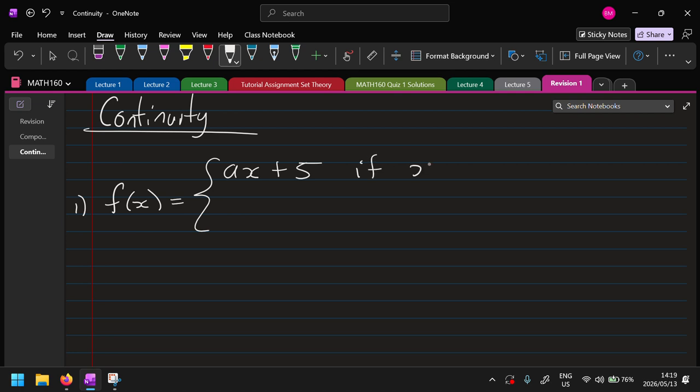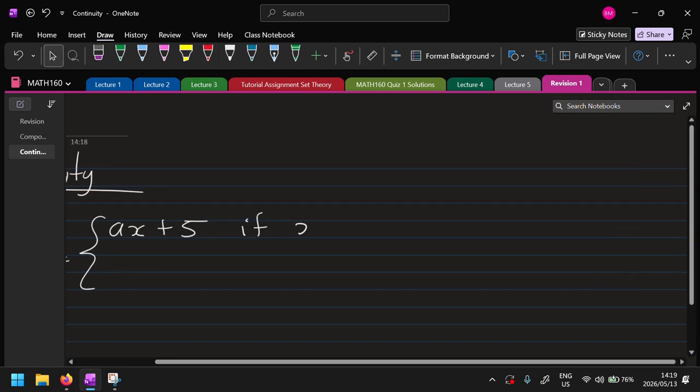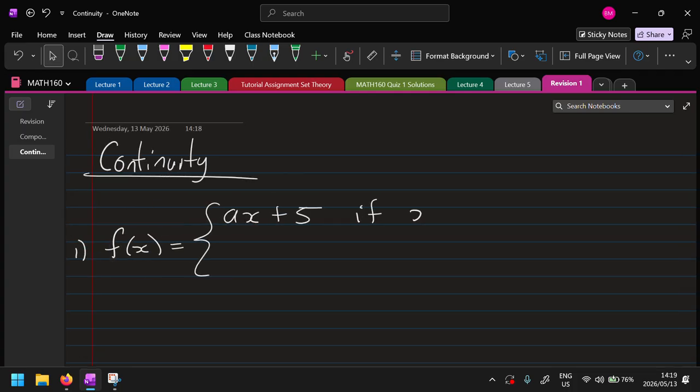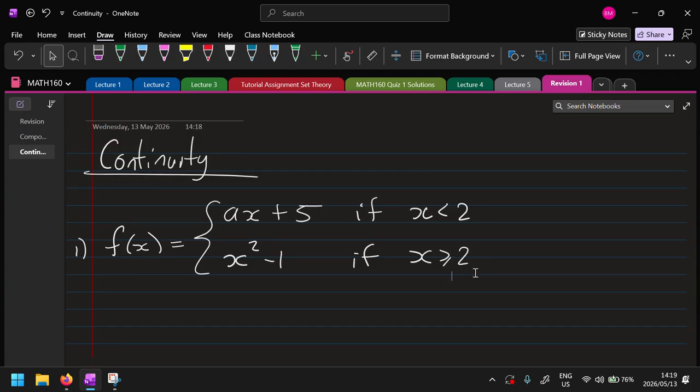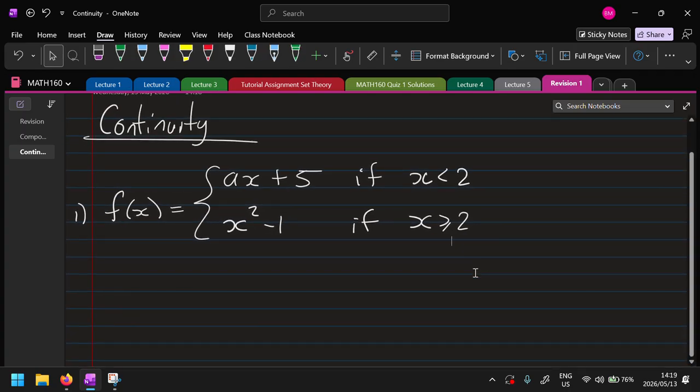Okay, if x is less than 2, and it will be x squared minus 1 if x is greater than or equal to 2. Okay, so a piecewise function, a, we don't know, we need to figure that out later. And the question is, find a such that f is continuous at x equals 2.